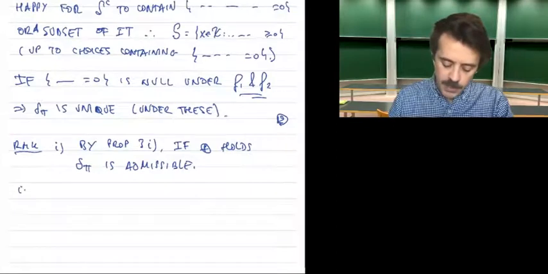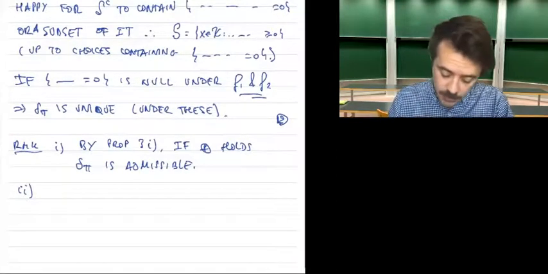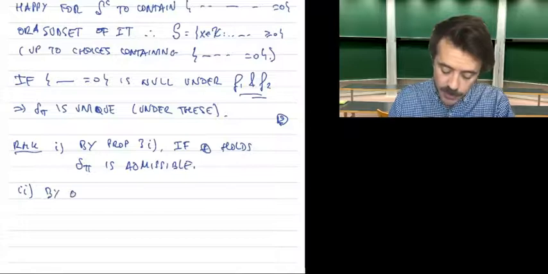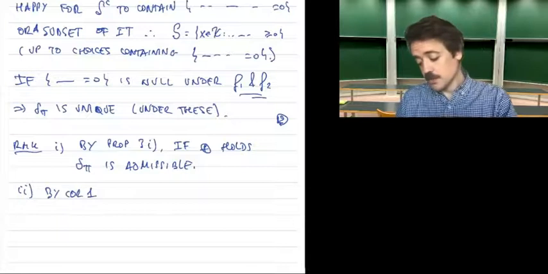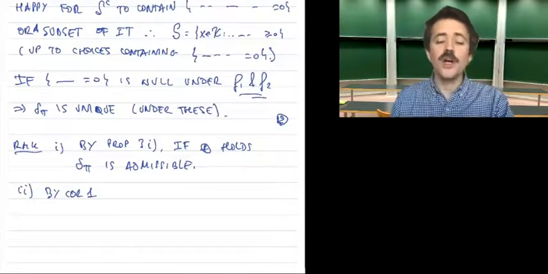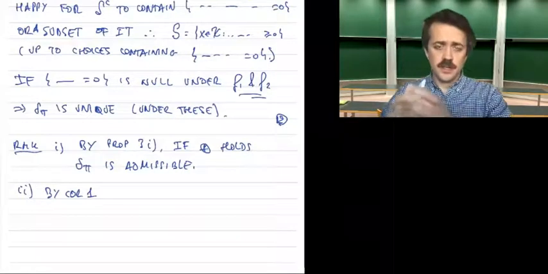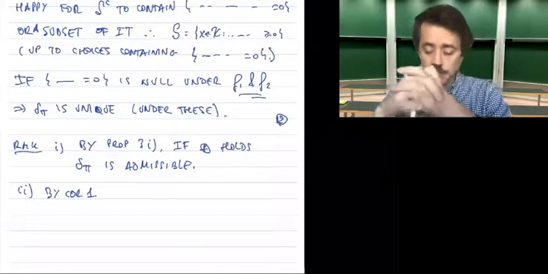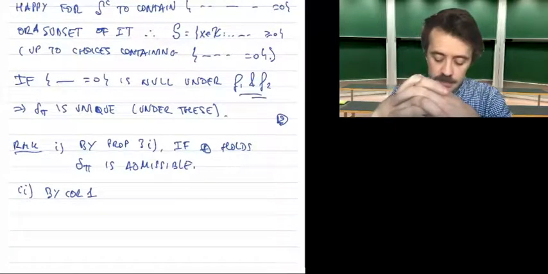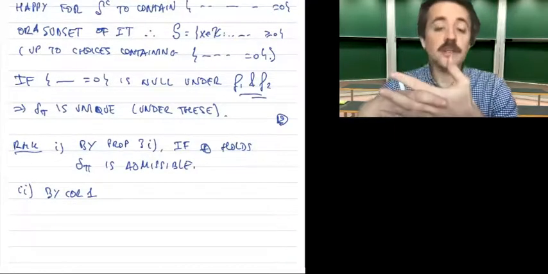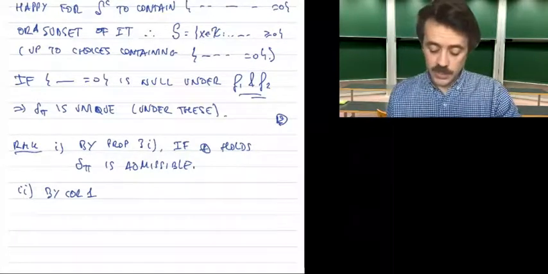And then what about minimaxity? Well, we have that by corollary 1. We can apply the recipe of corollary 1, in which we said that if we have a constant risk, then a unique base rule will be a unique minimax rule.